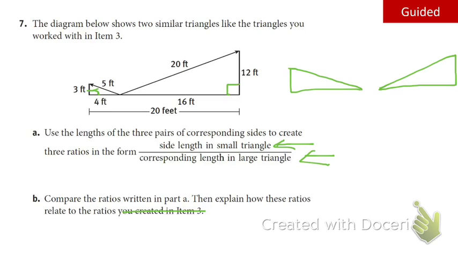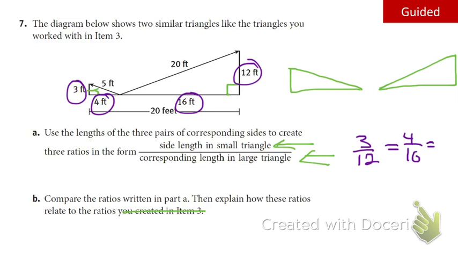Now, let's take a look at the corresponding sides. So if I go from the small triangle and I use 3, what side corresponds with 3? Well, that would be 12. So 3 over 12 is equal to, let's go with 4 next. 4 corresponds with 16. So 4 over 16 is equal to, and then we have 5 and 20 left. 5 over 20.